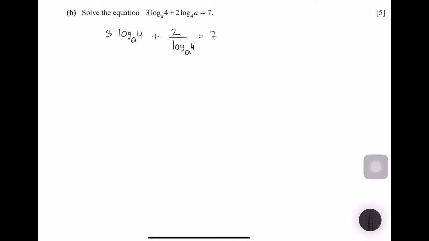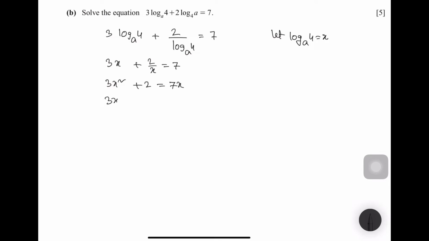Now let us consider log a base 4 equals x. So we can write 3x plus 2 by x equals 7. Now let me multiply all the terms by x. So it is becoming 3x squared plus 2 equals 7x.